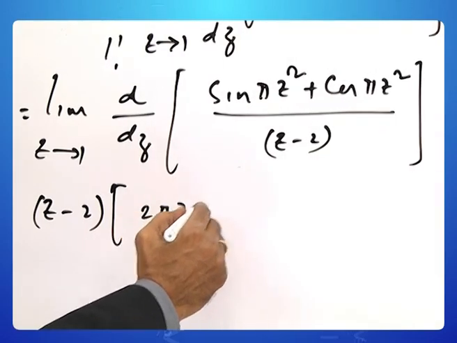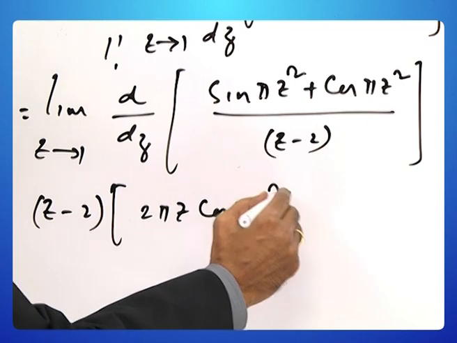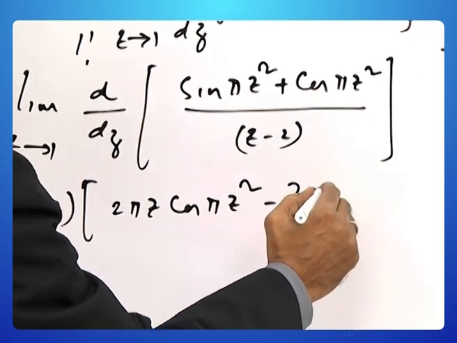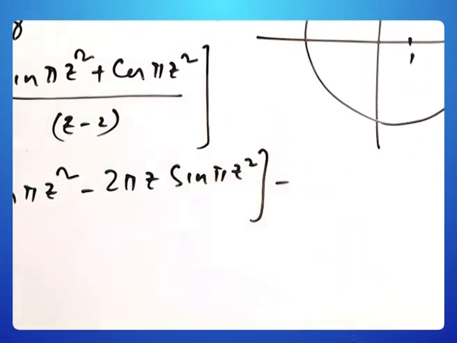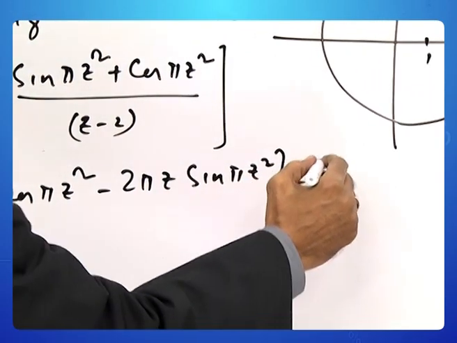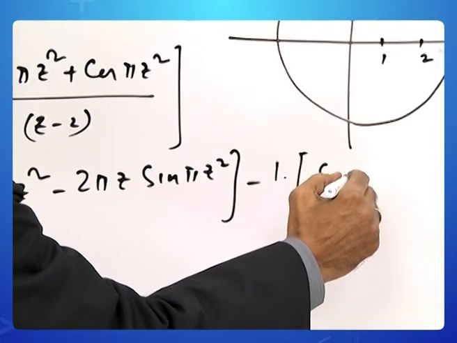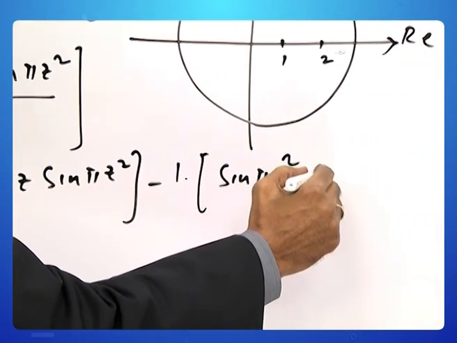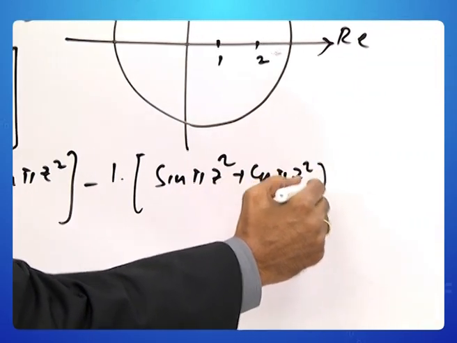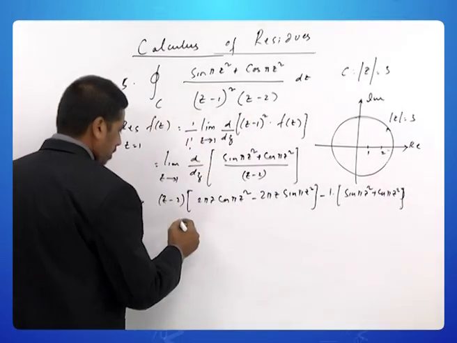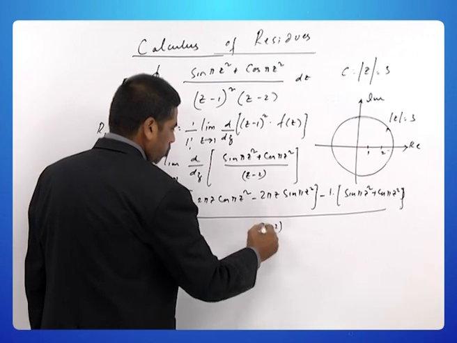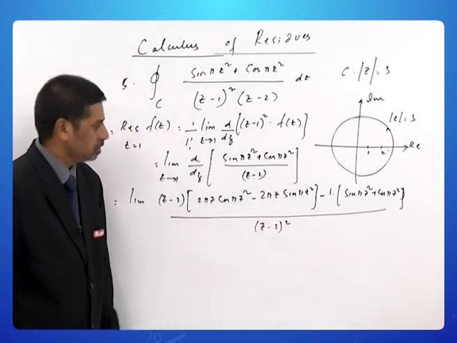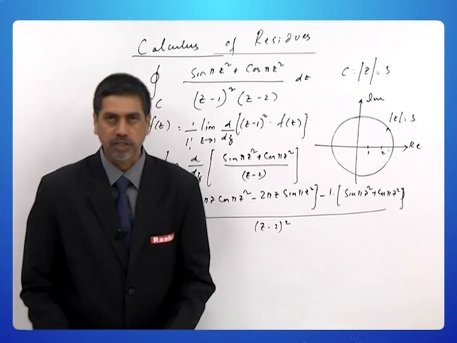So, 2 pi z cos pi z squared minus 2 pi z sin pi z squared, minus of 1 into (sin pi z squared plus cos pi z squared), divided by (z minus 2) whole squared. This is the u by v differentiation, as you can see.